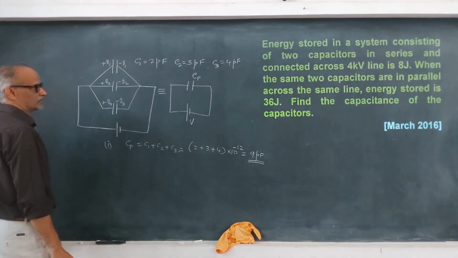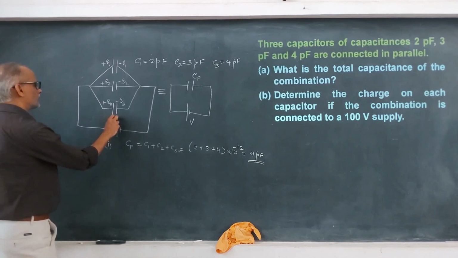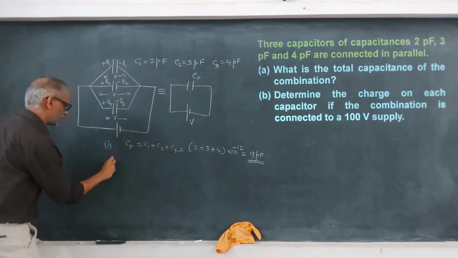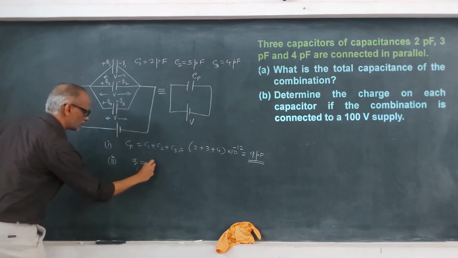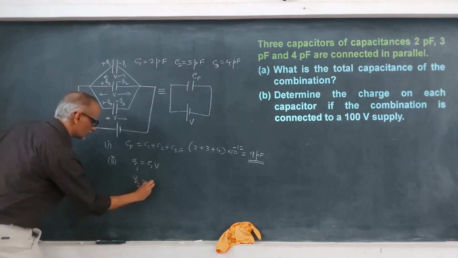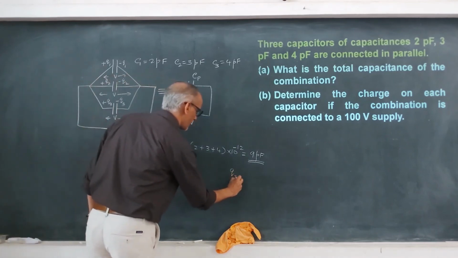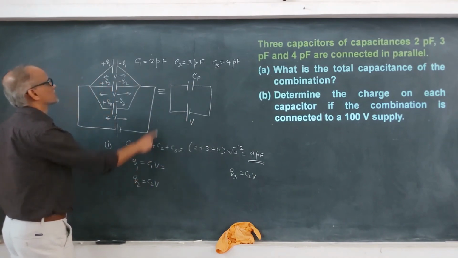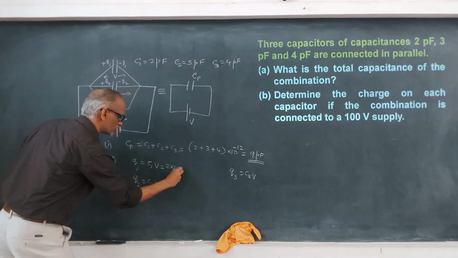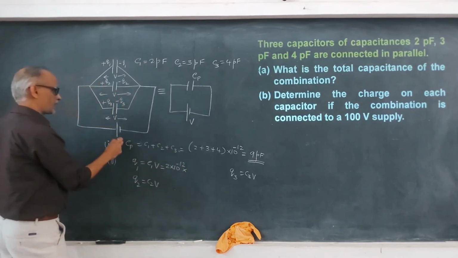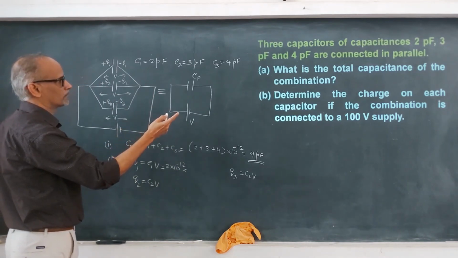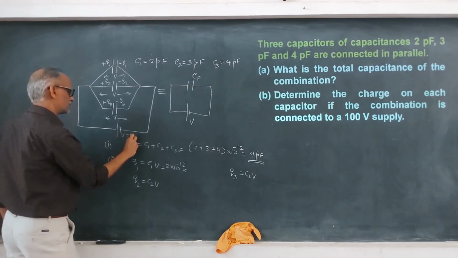Here the potential difference across each is the same, V, V and then V. So the charge on the first, Q1, is equal to C1 into V. Q2 is C2 into V. Q3 is C3 into V. C1 is 2 pico, 2 into 10 to the power minus 12, into the value of V. V is given, connected to a 100 volt supply, so V is 100.